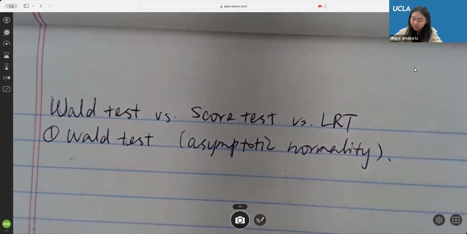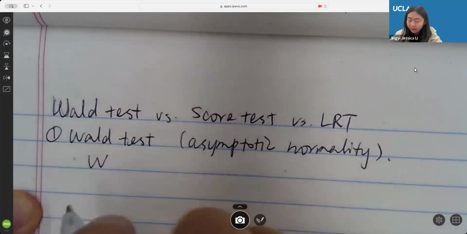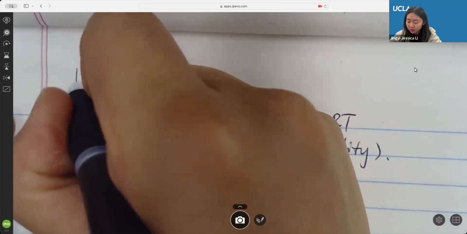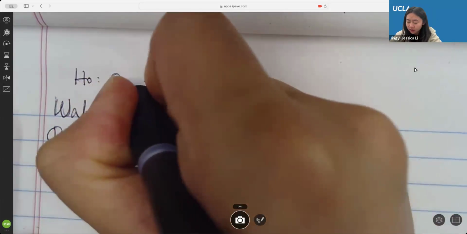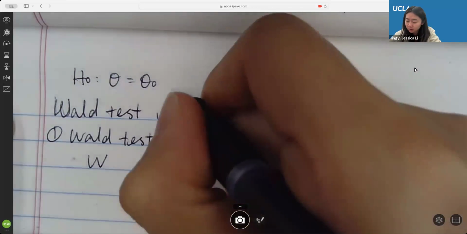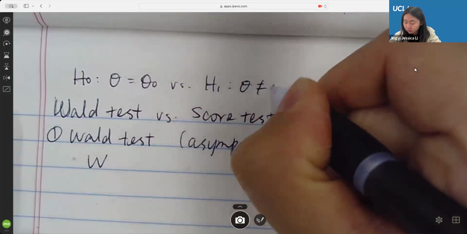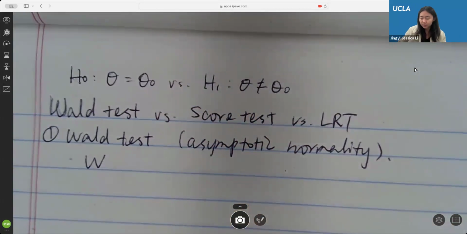And the definition is, and for all these, it's about testing a null hypothesis. Null hypothesis, theta being theta 0, versus alternative hypothesis, theta not equal to theta 0. That's the starting point.